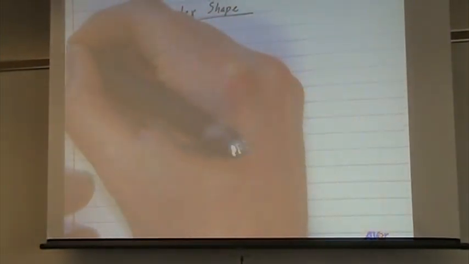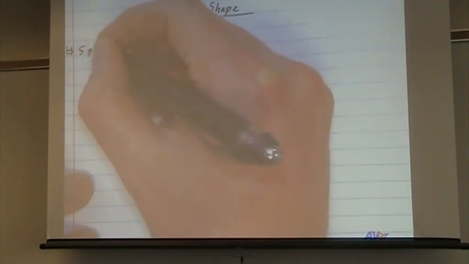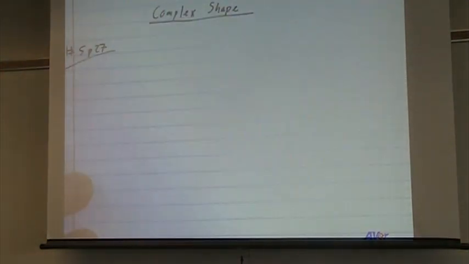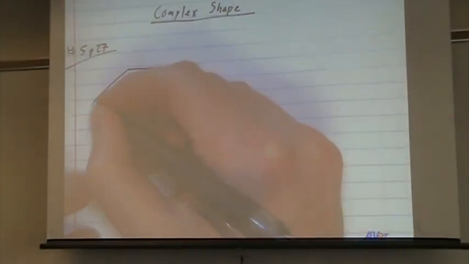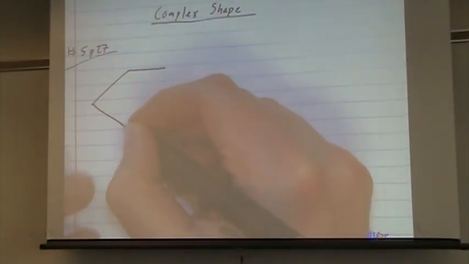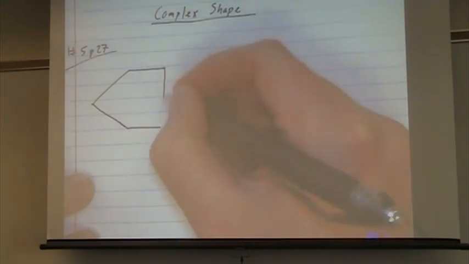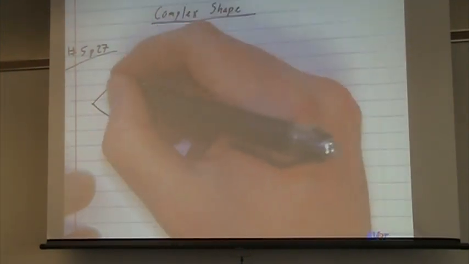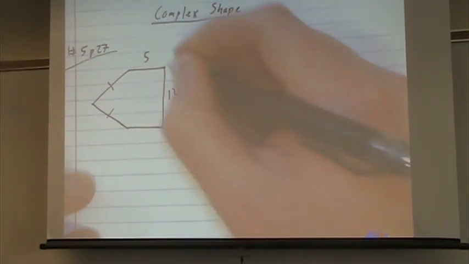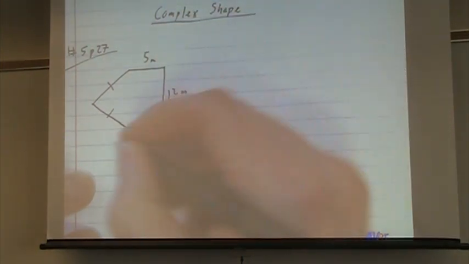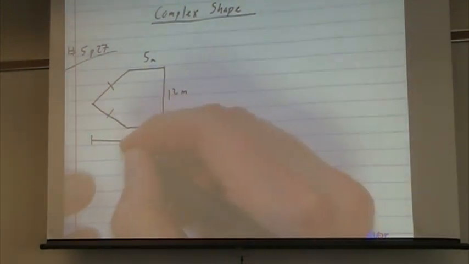This is number 5 on page 27, one of your worksheets, and it looks something like this. And you've got two sides that are the same, a 5 and a 12. And they say this whole thing is 20.